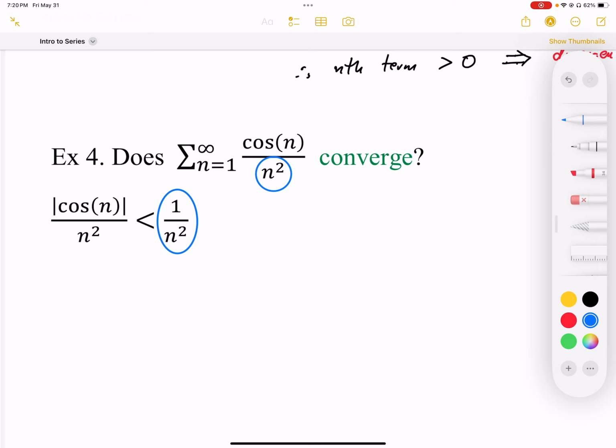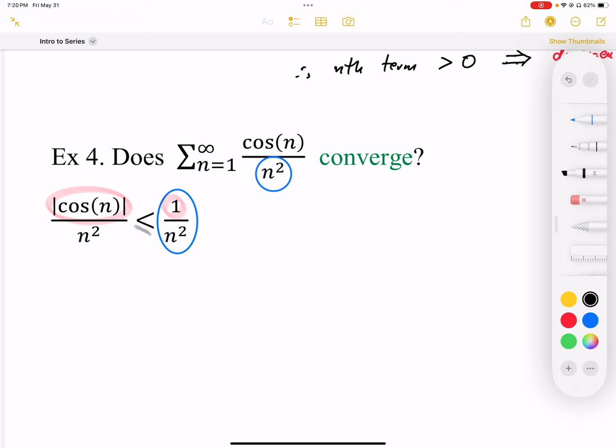But how can we make an argument here? Well, our argument's going to look like this. Cosine n is always constrained between -1 and +1. So we can say that the absolute value of cosine is always going to be less than or equal to 1.